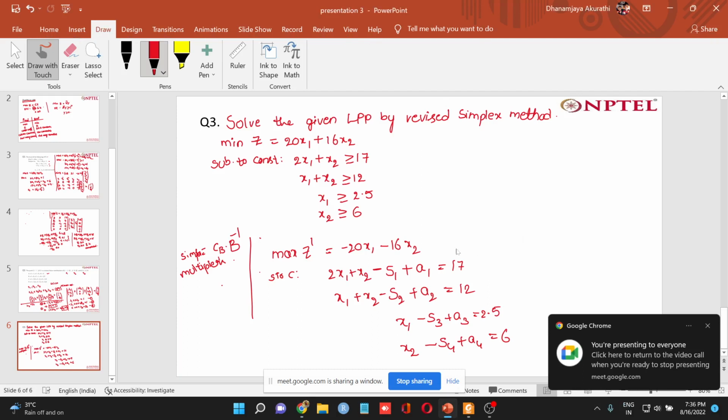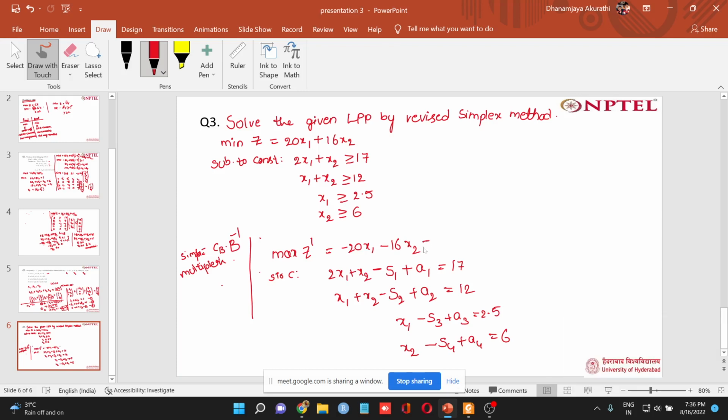And then in the objective function, we assume the coefficients of the artificial variables as minus M, and of the slack or surplus variables as 0: 0 into s1, 0 into s2, 0 into s3, 0 into s4, and minus M for the artificial variables: minus M a1, minus M a2, minus M a3, minus M a4.